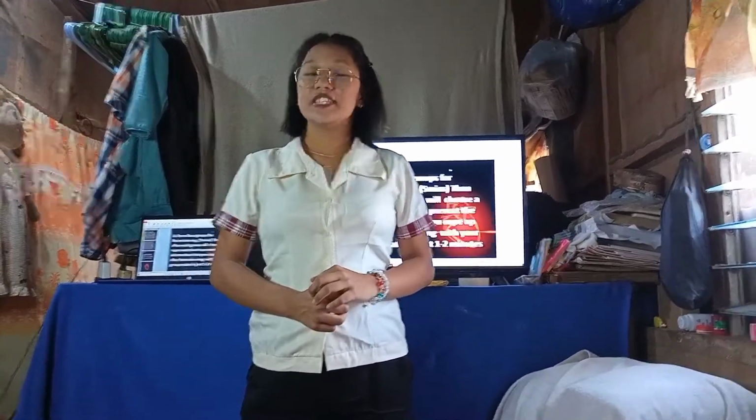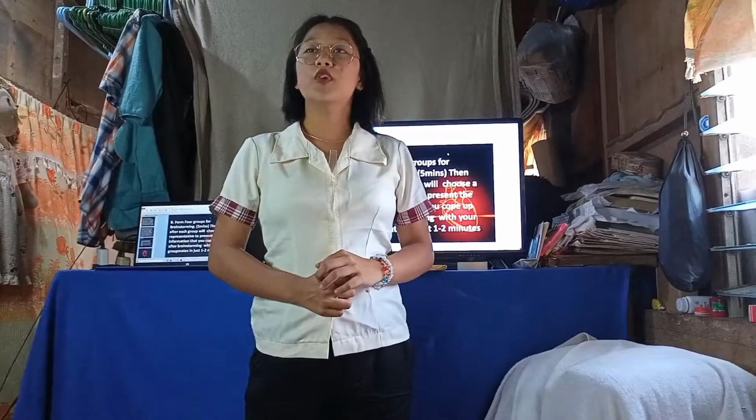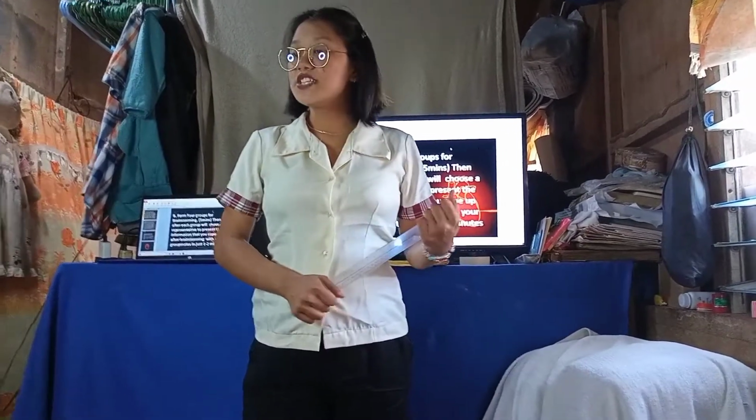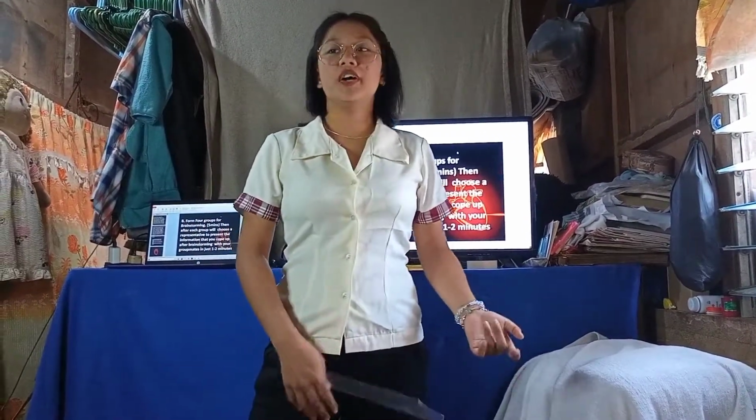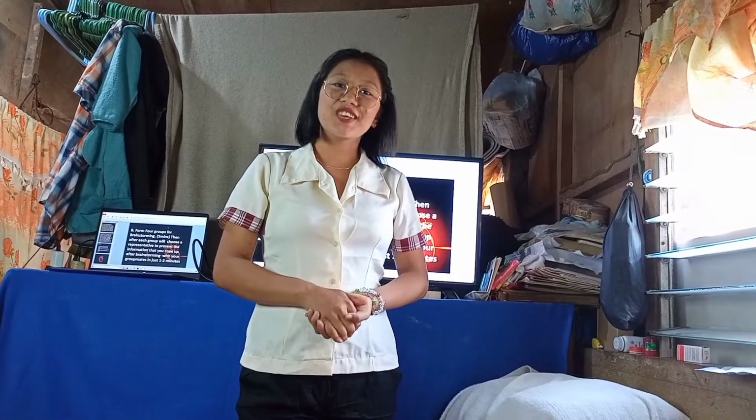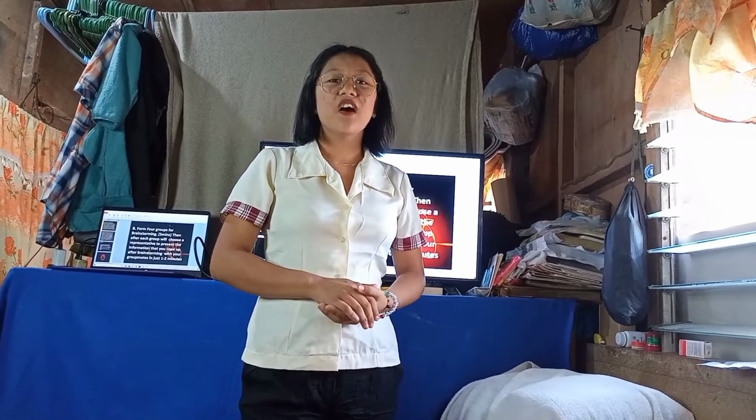So, let's start with group 4. So, who is your representative? Okay, CK? Okay, Kay, I will give you the floor. Congratulations to all of you, class, because all of you got the highest score.